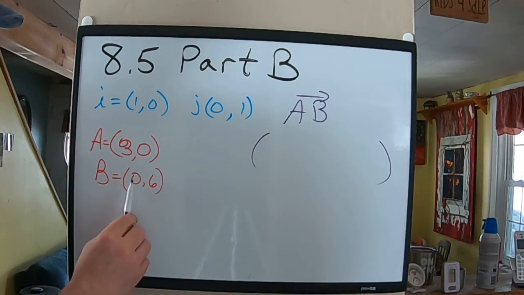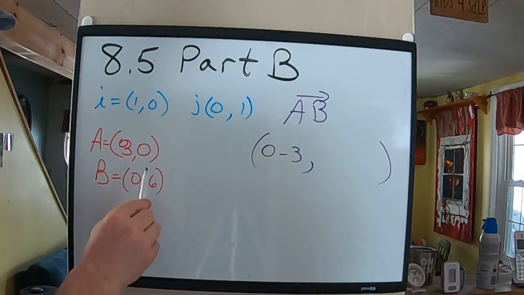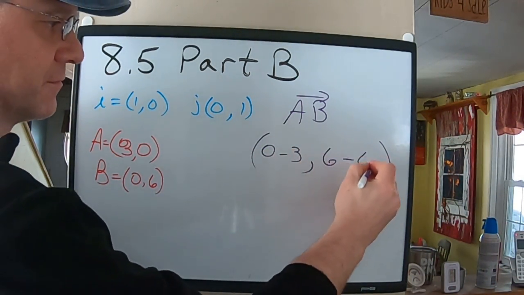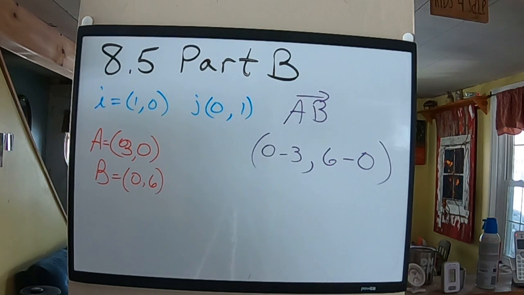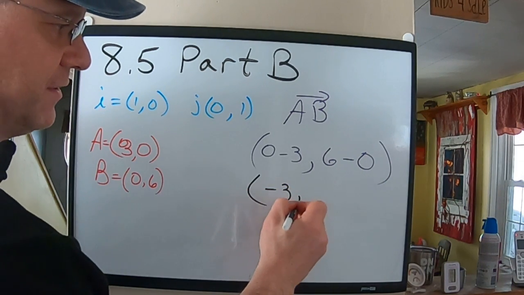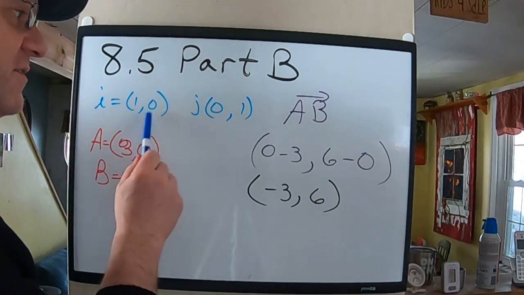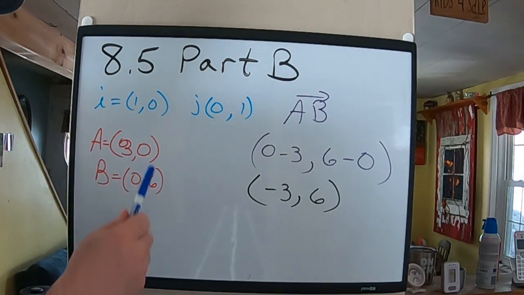So 0 minus 3 and 6 minus 0. And when you simplify that, it comes out to an easy -3, 6.